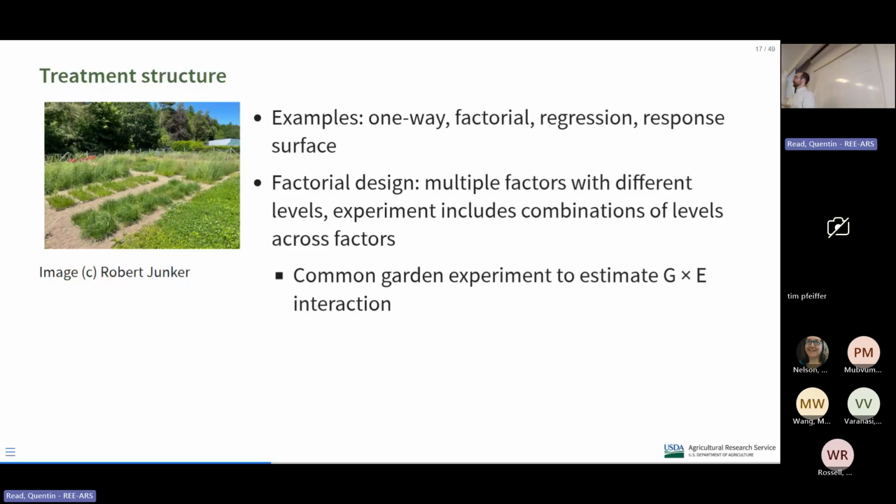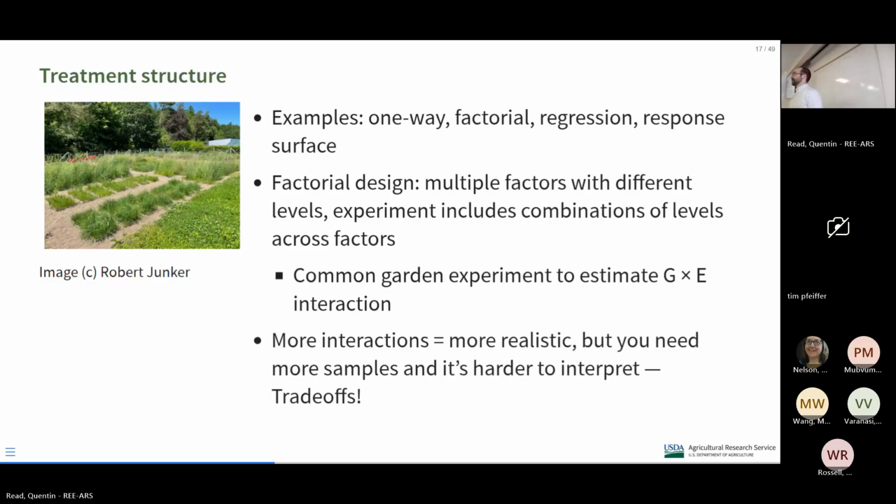G by E is a real common one. A common garden experiment is a typical type of factorial design where you have a bunch of different environments. So those are different levels of environment. And within each environment, you have the same set of genotypes that you measure traits on. And because we have all combinations of genotype and environment, we can estimate genotype by environment interaction.